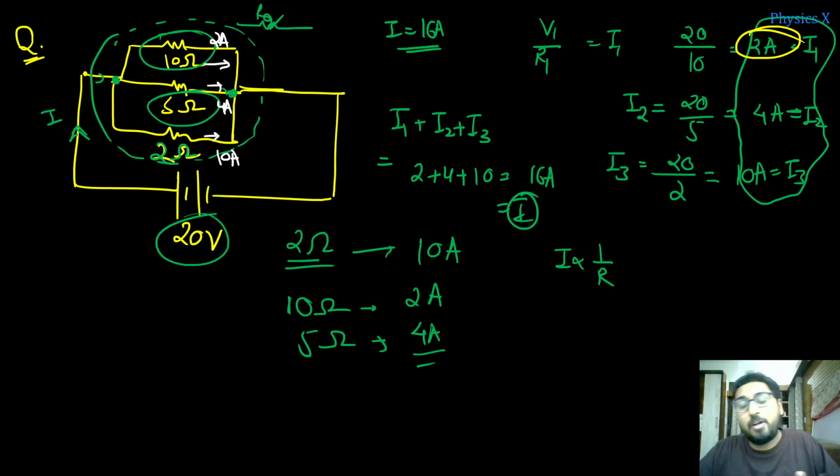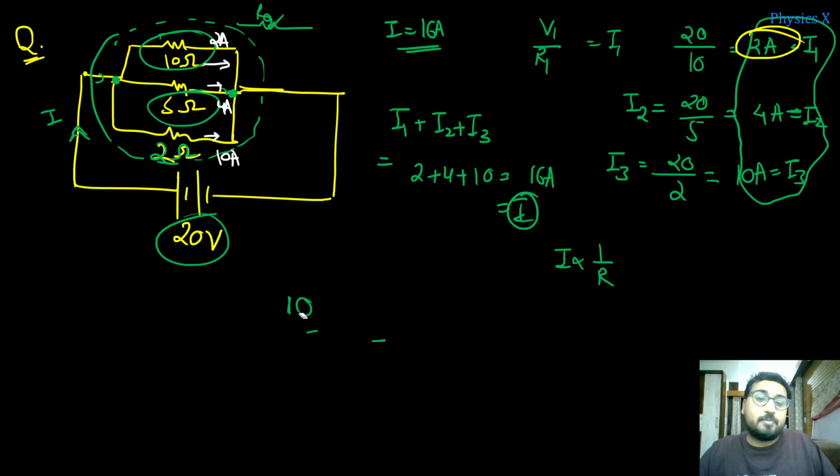And one more thing I need to point out here is, let us consider this case, right? You can see what is the value of equivalent resistance we got. R equivalent, you got it as what? We got it as, I think, 5 by 4, right?